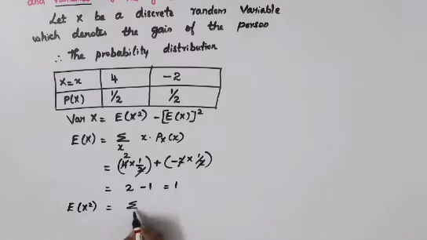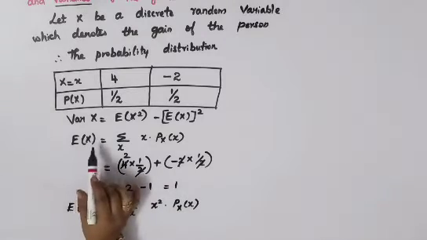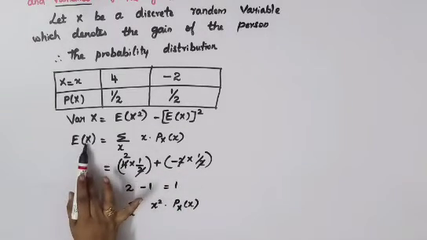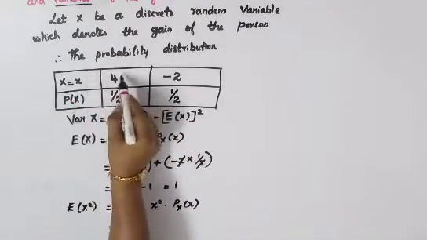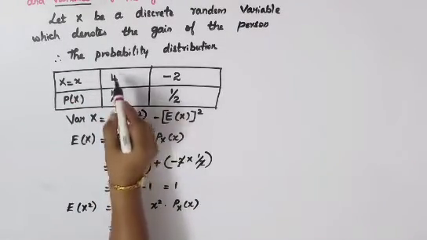Your formula is sigma x square into P of x. So x square, just see the difference between E of x and E of x square. When x is there, put x here. When x square is there, put inside also x square. So just square this x, then multiply with your 1 by 2.